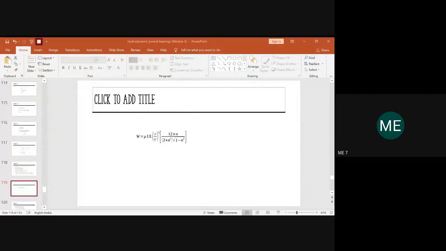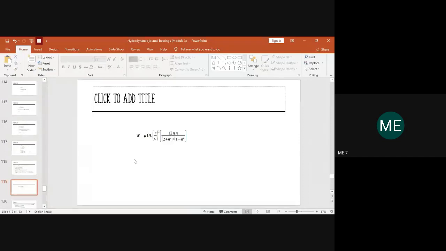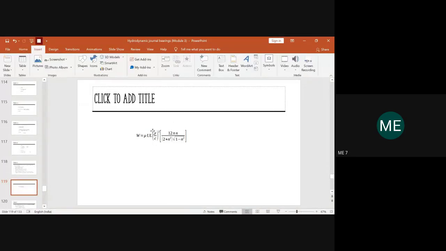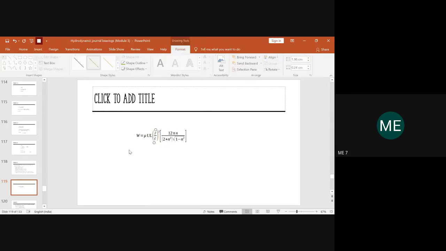Yeah, but it's better if you go with the substitution of the diametrical clearance. What is the formula for diametrical clearance? I told you in the PPT just now. So chi is equal to C upon D, right? So instead of R upon C square, if you omit this part and divide by the letter chi, that will provide you the value of C upon D. That change you have to do.